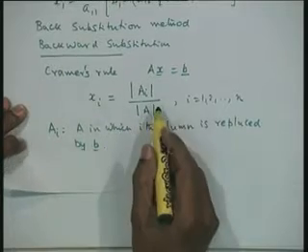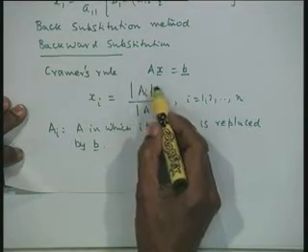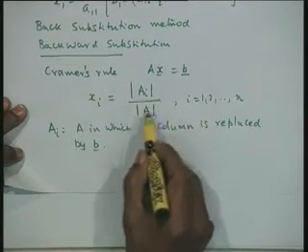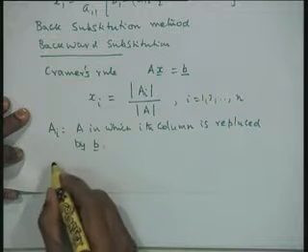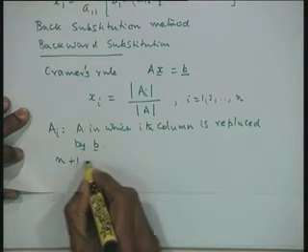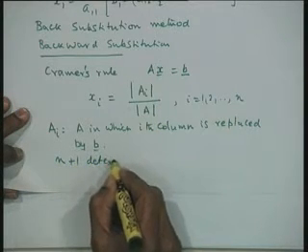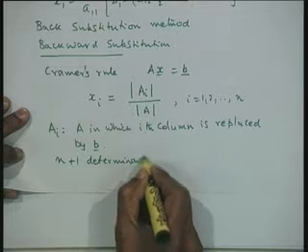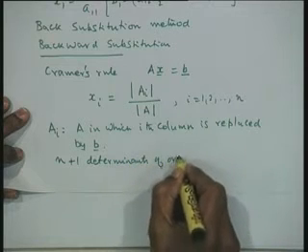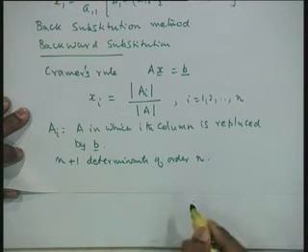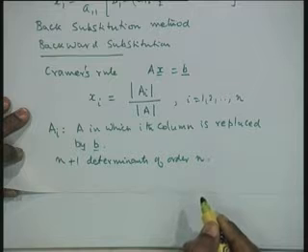Therefore, to use Cramer's rule, I need to evaluate n determinants in the numerator and one determinant in the denominator. Therefore, I need to evaluate n plus 1 determinants, each of order n.